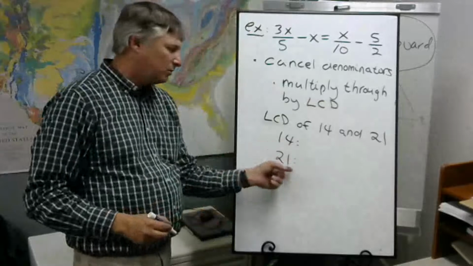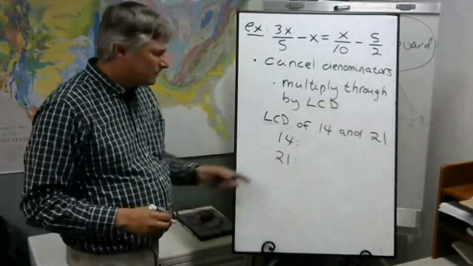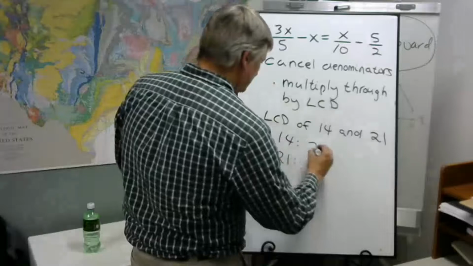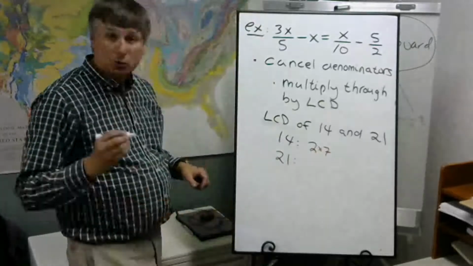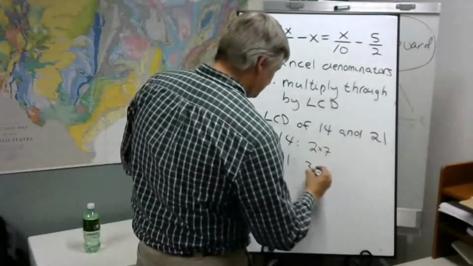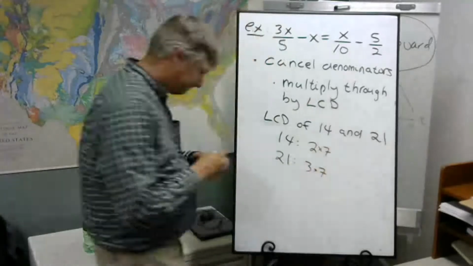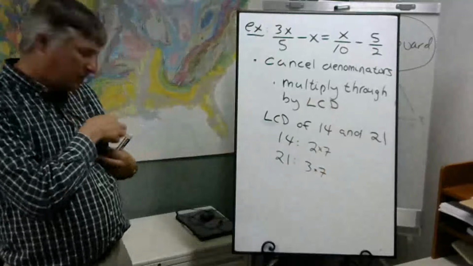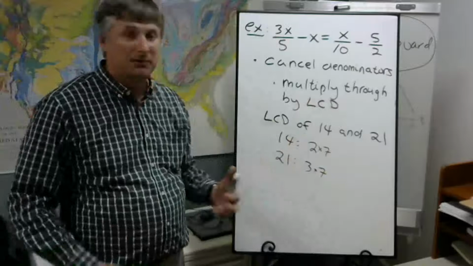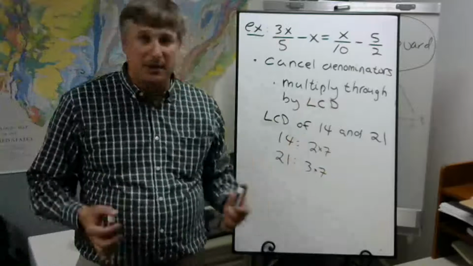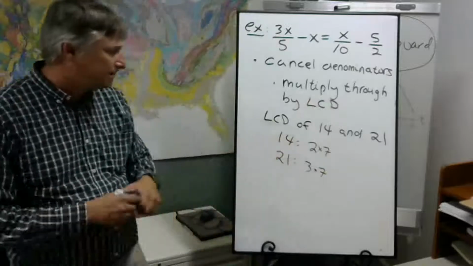And notice I'm using colons and not equal signs. So 14 is 2 times 7. 21 is 3 times 7. So the way we find the LCD is we make this listing of numbers the same. We want to make these the same.